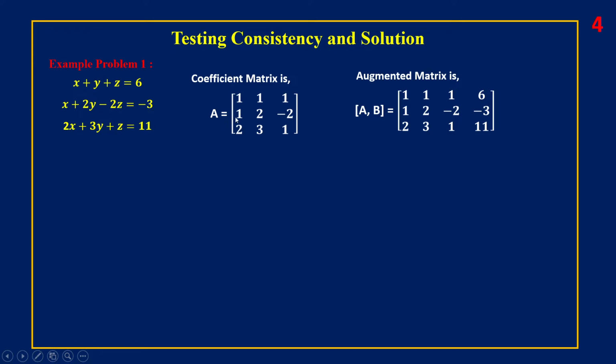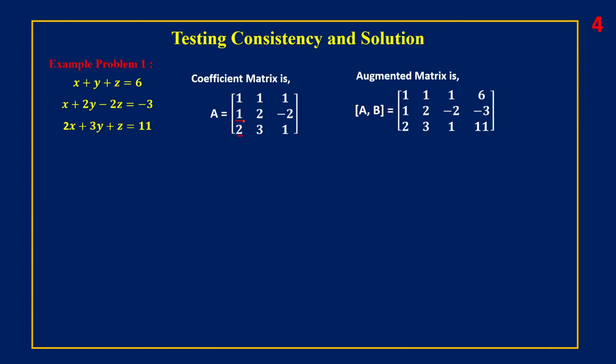For the elementary transformation method, first we have to consider these three elements, the lower triangular elements. We need to reduce this element to 0 and this element to 0.